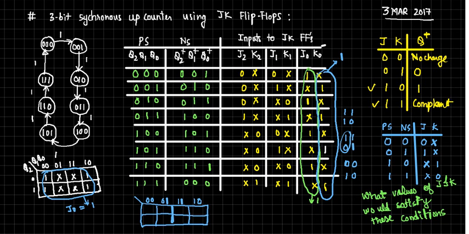Yeah, J1: 0 1 XX 0 1 XX, 0 1 XX 0 1 XX again. Yeah, tell me the K-map. How should I group? This is the only possibility.